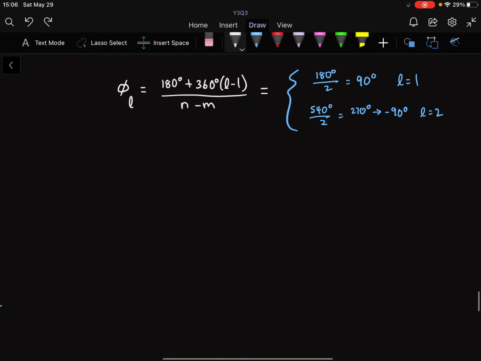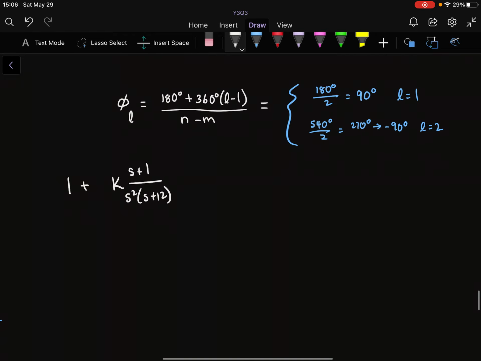So, if we take our characteristic polynomial and we rewrite it so that k is on one side, I don't trust myself to do math.